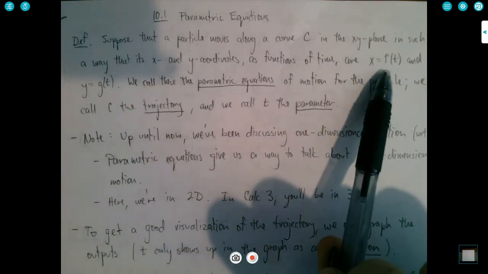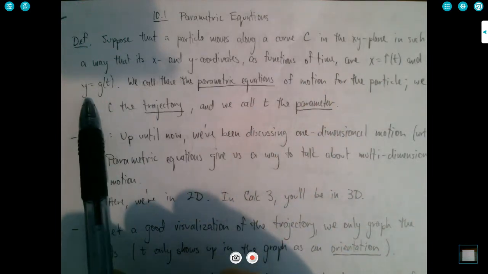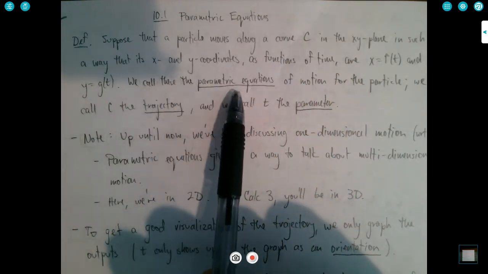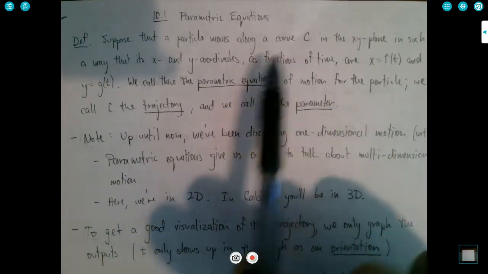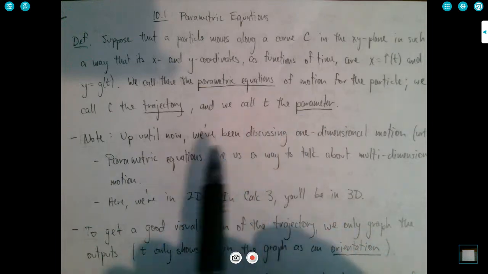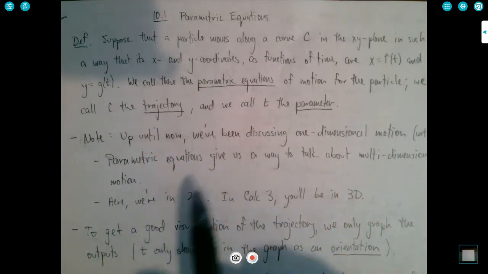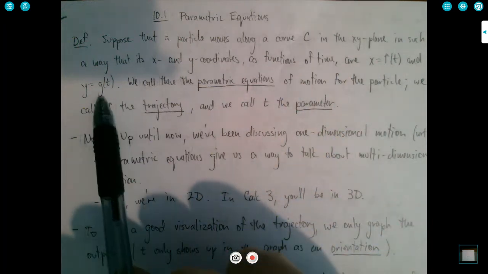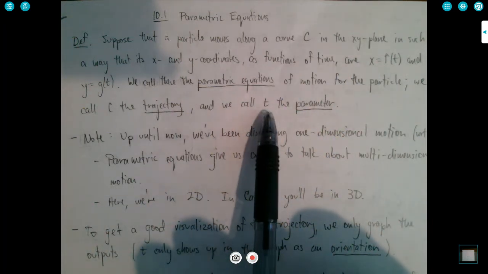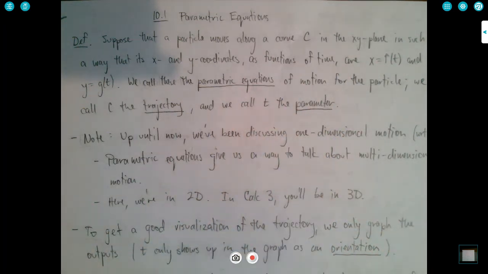We call these the parametric equations of motion for the particle. We call the curve C that the particle follows the trajectory of the particle. And t, that dummy variable, is called the parameter.